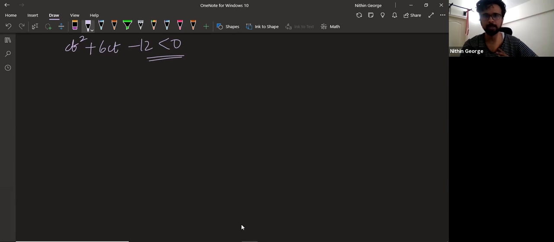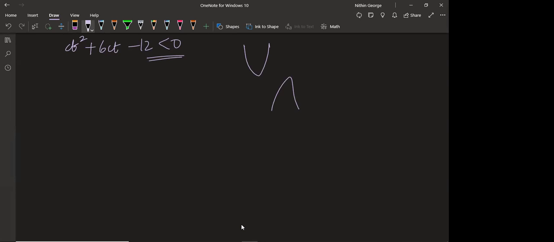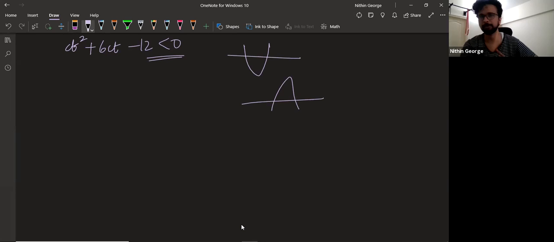The quadratic can either be like this or like this. It's given that t can take any real value, and for any real value of t this quadratic gives me a value lesser than 0. So you're definitely not looking at this first one.